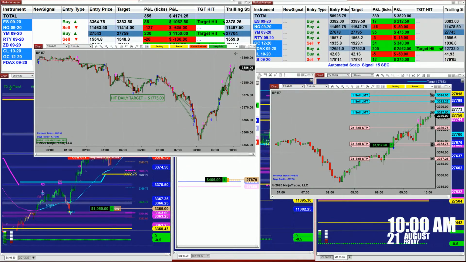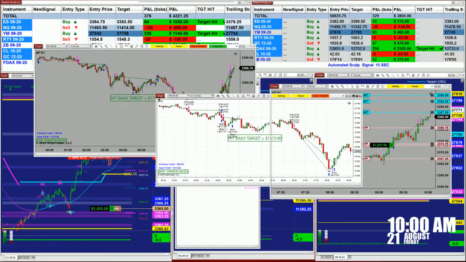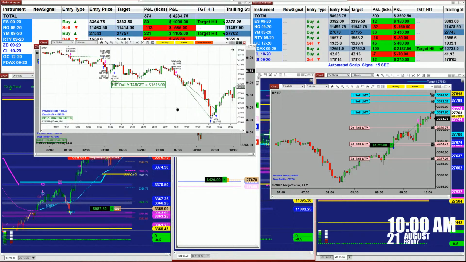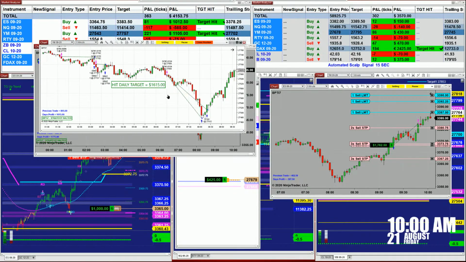And again, guys, on a Friday, it's a bit of a special day. You need to start a bit early, or you want to start a bit late. This is the YM, already hit the target as well, and break even, and even before 9 o'clock we were done, 1600.